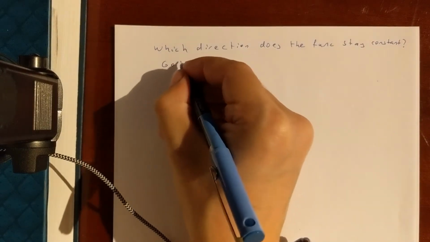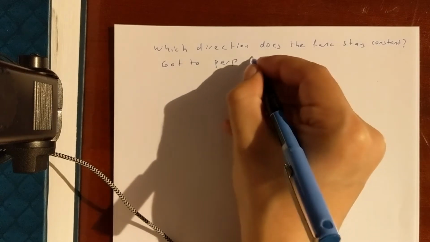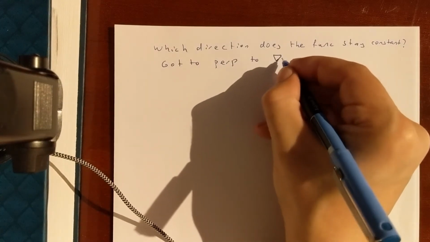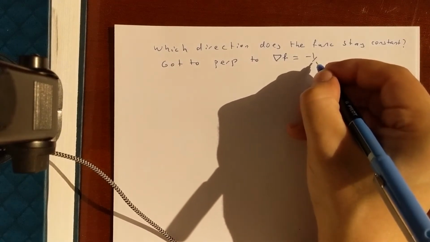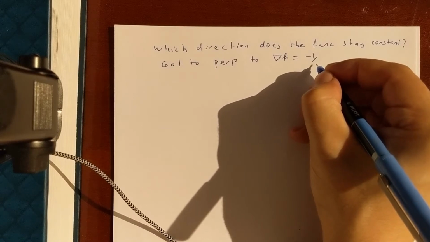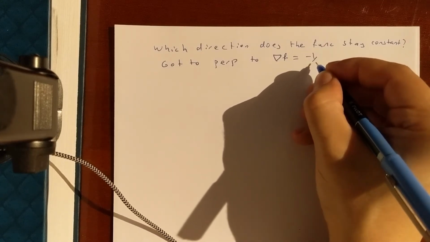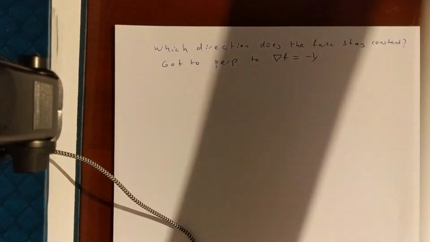Perpendicular to the gradient of f, which was what? Which was minus 1 over square root 2? Yeah, minus 1 over 2. Hold on, let's bring it back. It was minus 1 over 2, sorry.